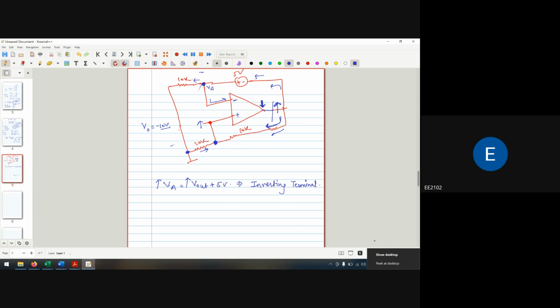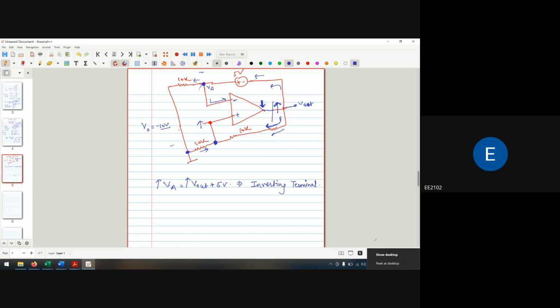If this is my output voltage, the maximum current will go through the upper one, because the resistance value is negligible. So the effect of the upper feedback is higher as compared to the lower feedback. So I just consider this as a feedback circuit.